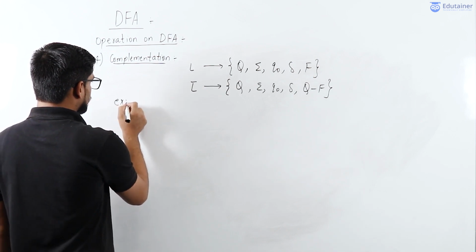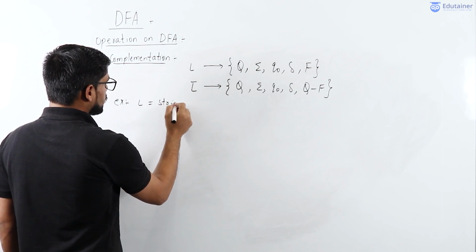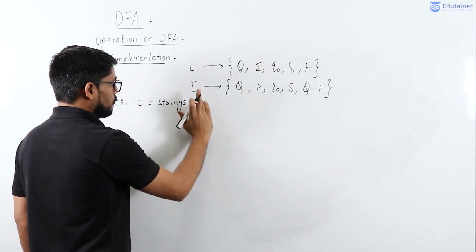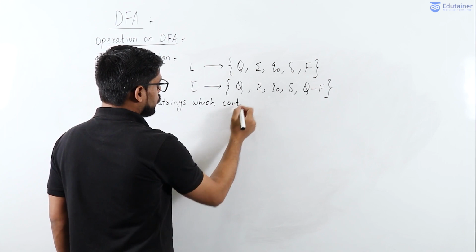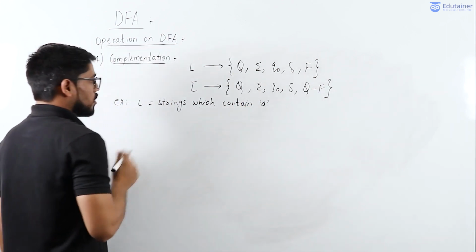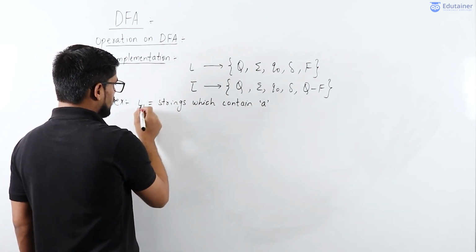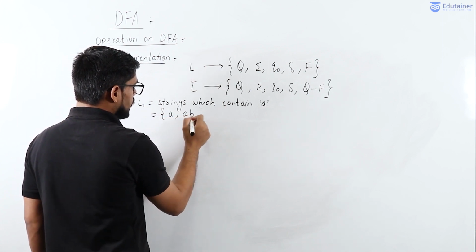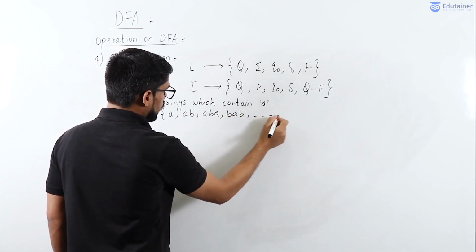Okay, so let's take an example. Let's say I have a language L, strings which contain A, assuming that we have two input alphabets, small a comma small b. So what are the possible strings present in this language? Let's say the language is L1. The possible strings are A, AB, ABA, BAB and so on.